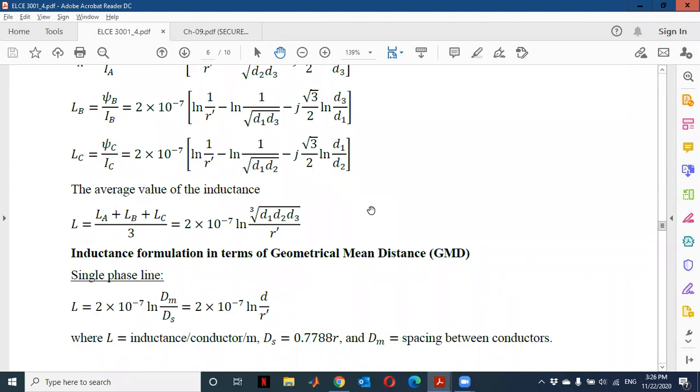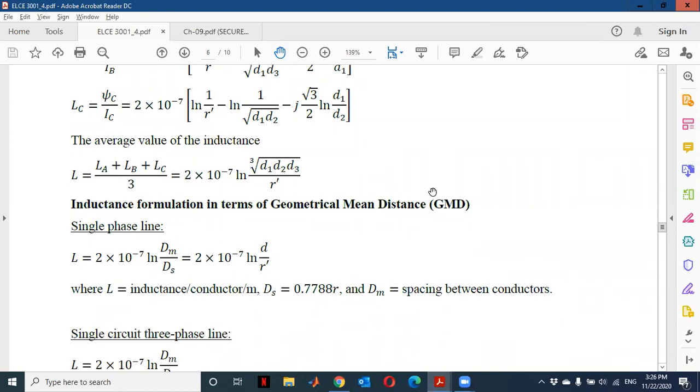GMD is the other method of calculating the inductance. So in the exam, if I ask you to use geometrical mean distance and you use the other method, then you will not get any score for it. So you have to know both of them.